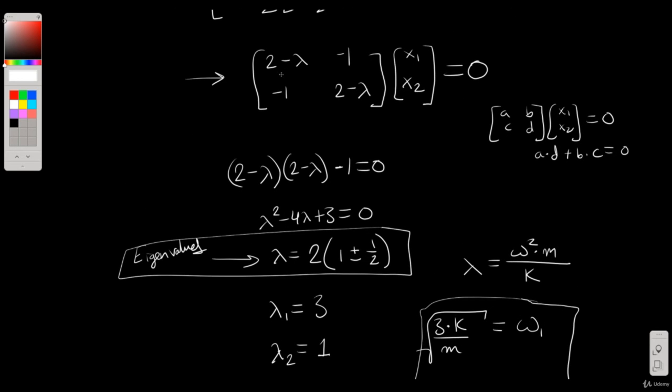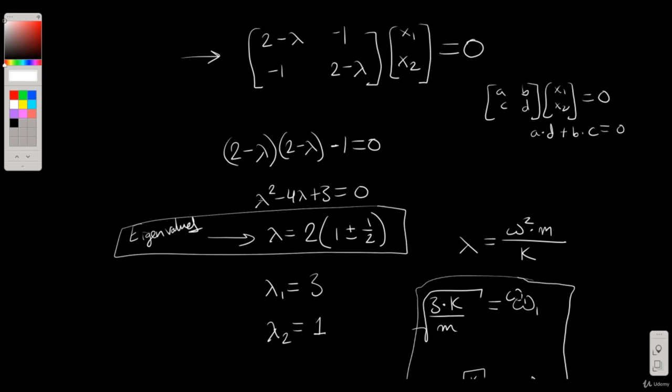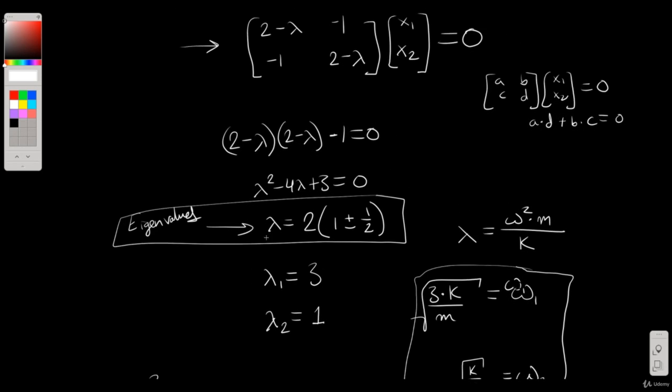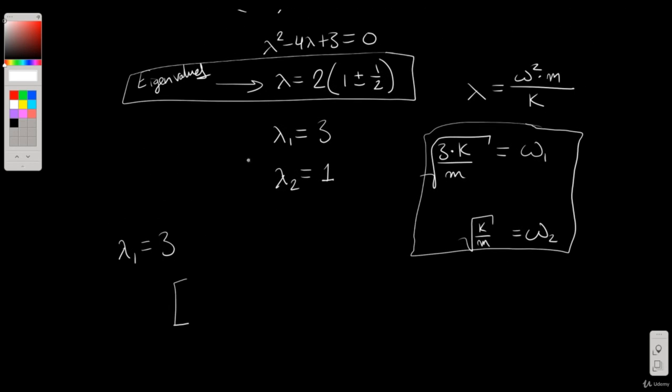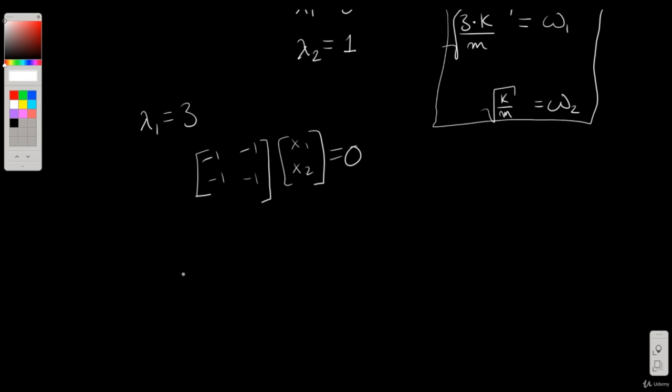So we have 2 minus 3, that gives us negative 1 everywhere. So we have essentially negative 1, negative 1, negative 1, and negative 1, times x1, x2, is equal to 0. And so what we have effectively here is x1 is equal to minus x2, right?